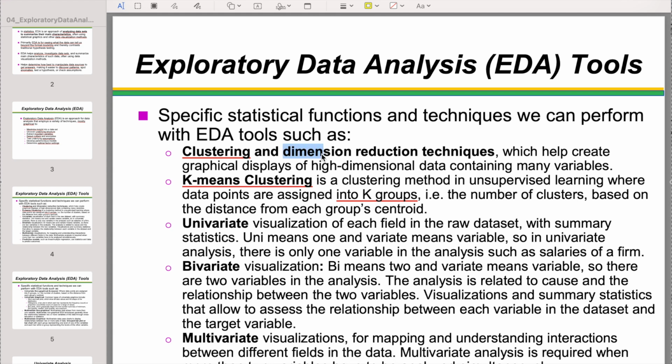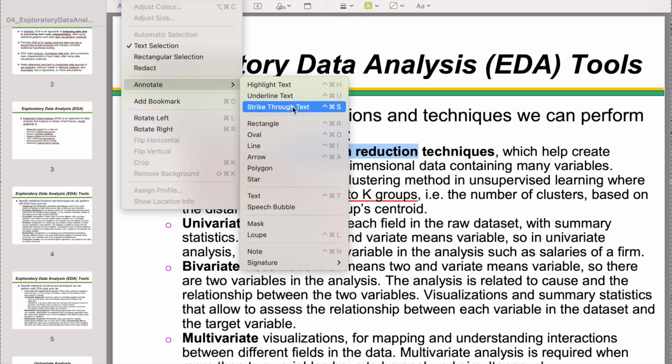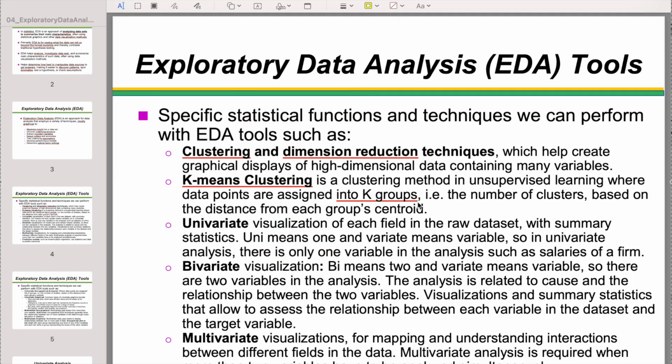Dimension reduction is also very important. We can look at the picture of our data, or a visualization of the data, to determine how many features, attributes, or descriptions we have of our records, our objects.